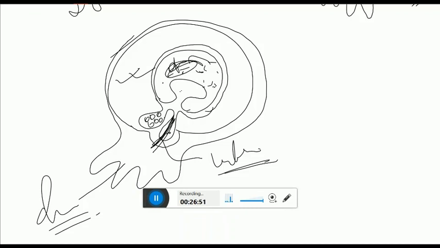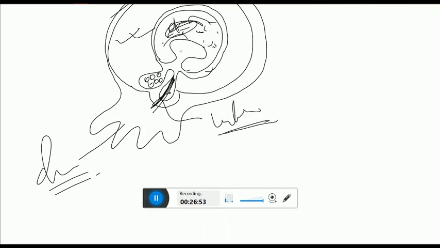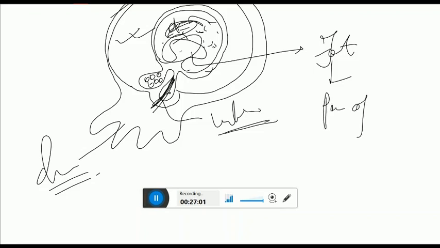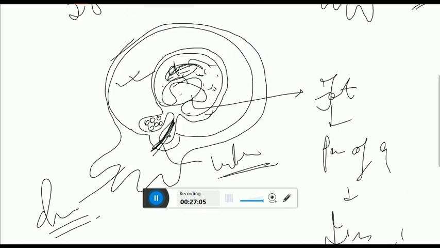So now we have seen this embryo will develop into fetus. Fetus will be parturated after 9 months, and we will get a neonate.